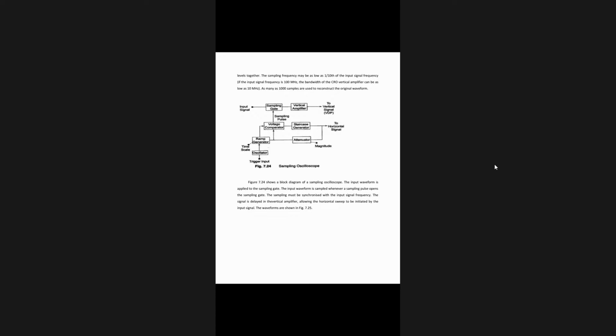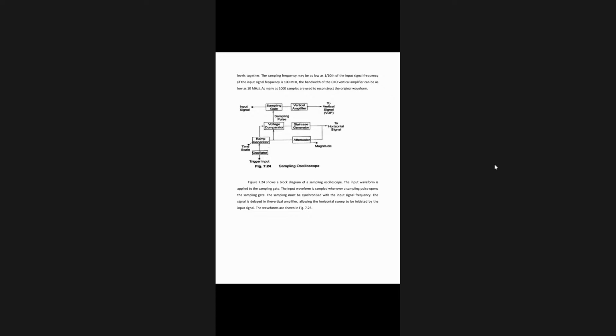From the bottom you can see there is a trigger input, and the trigger input triggers the oscillator to start oscillating, giving a sinusoidal signal, which is then given to the ramp generator. The sinusoidal signal is converted into a ramp, and the output of the ramp generator is given to the voltage comparator, right?